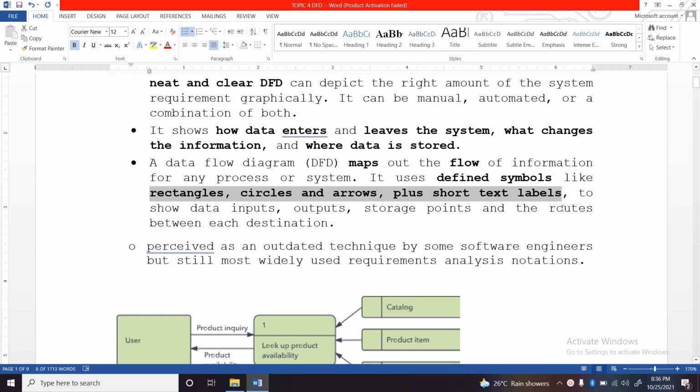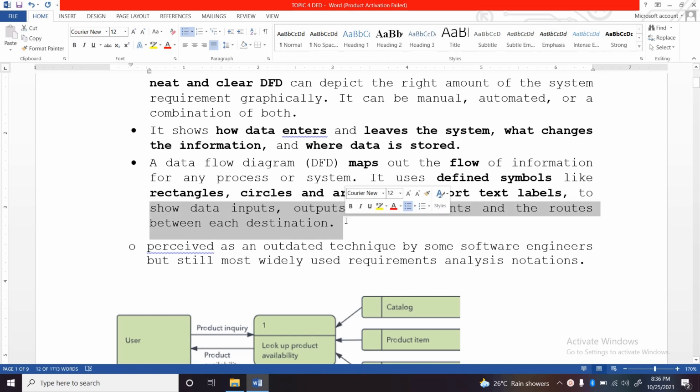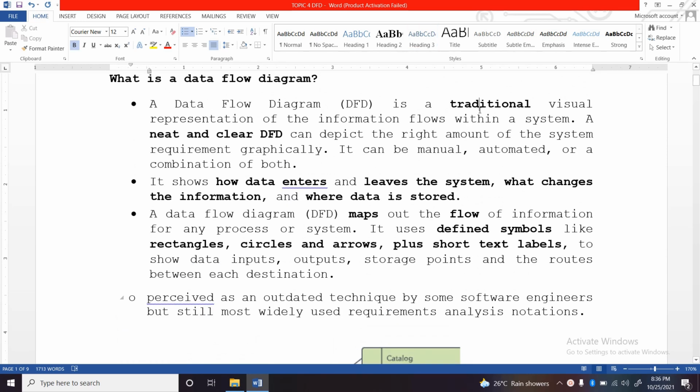The things that we need to target is that you're going to show the inputs, outputs, storage points, and the routes between destinations using the defined symbols. As you can see, the second bullet here is also quite the same as the third bullet. And then the fourth bullet was the explanation why a data flow diagram is said to be a traditional visual representation.